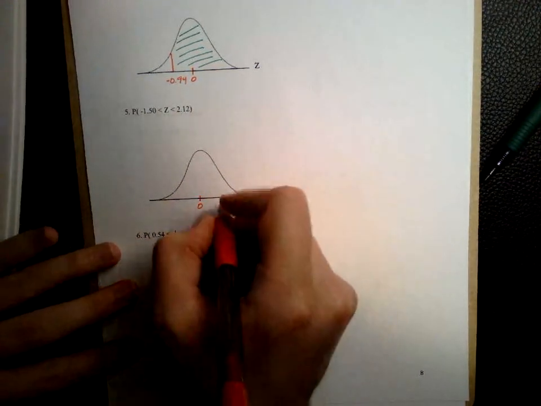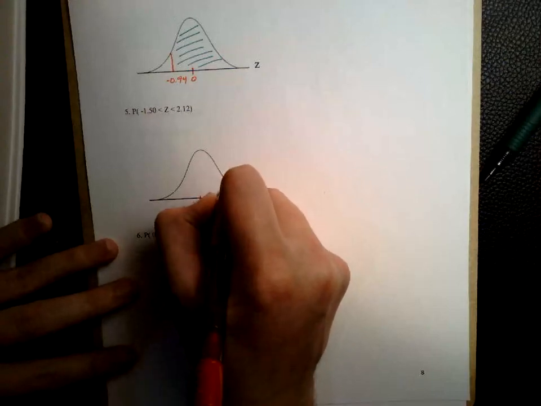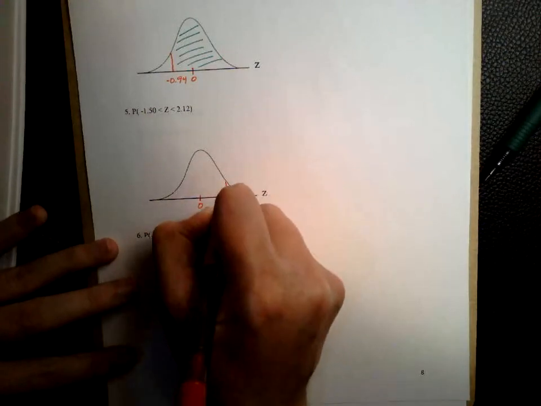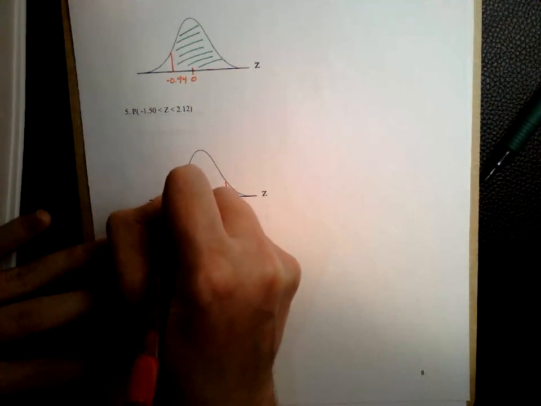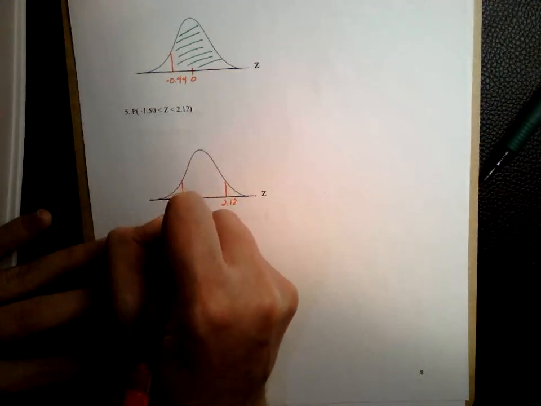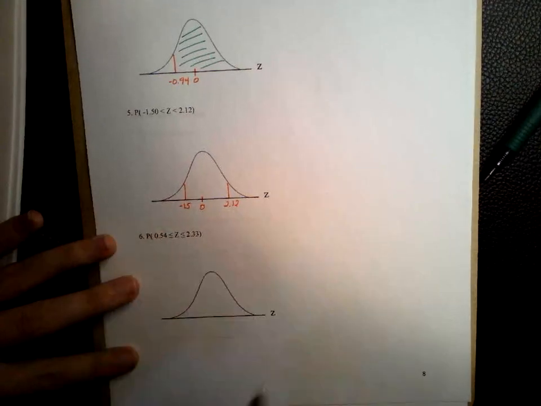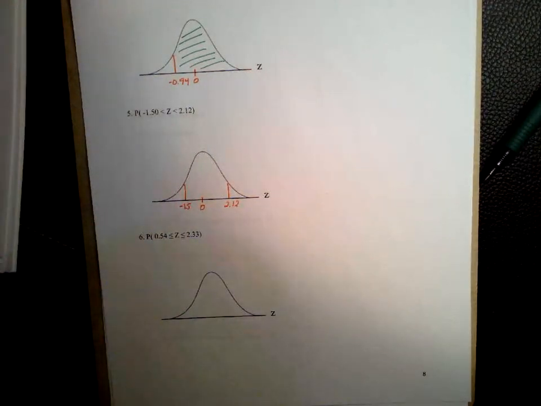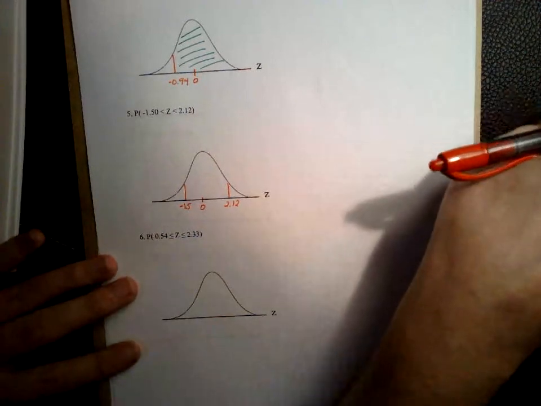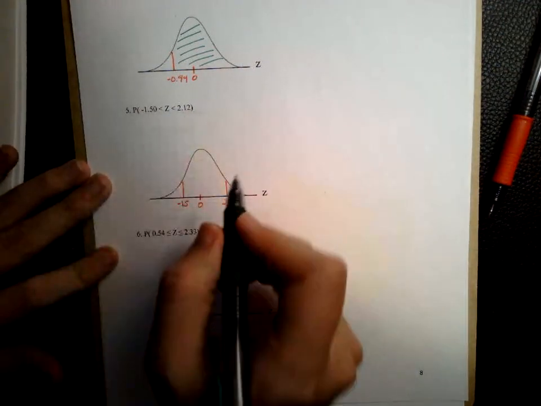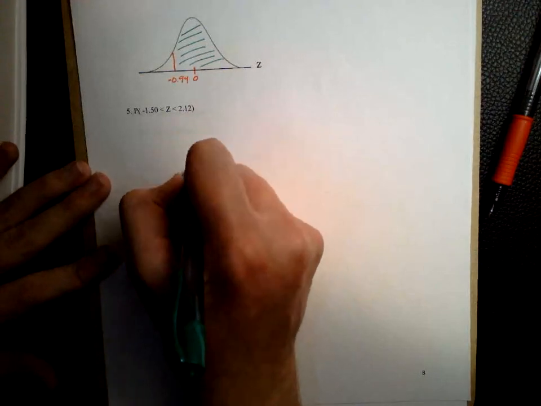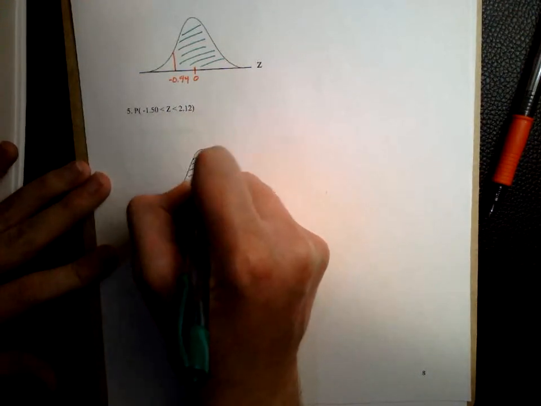Now we want to go out here to 2.12 and then out here to negative 1.50. This isn't drawn to scale, so I apologize, but I'm just trying to make it graphically feasible. And I want the area in between these two.